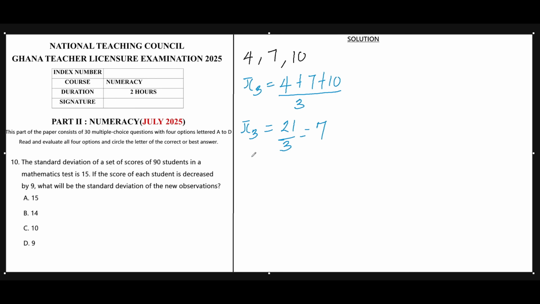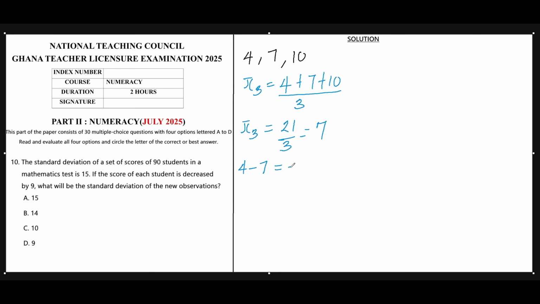Now, how do we calculate the standard deviation? The first thing is to calculate the deviations of the individual scores. The deviations tell us how much the individual scores move away from the average, or the mean. So let's calculate the deviation for the first score. That is 4 minus the mean, 7.